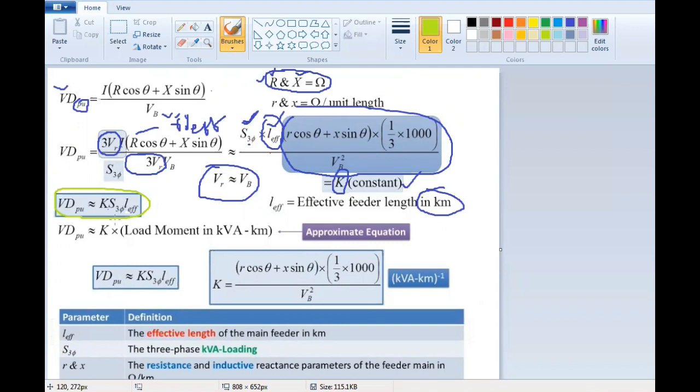So we have taken it as an approximate voltage drop in per unit.